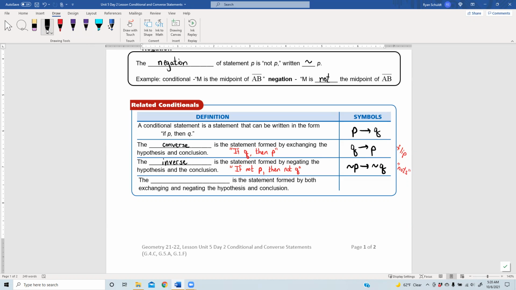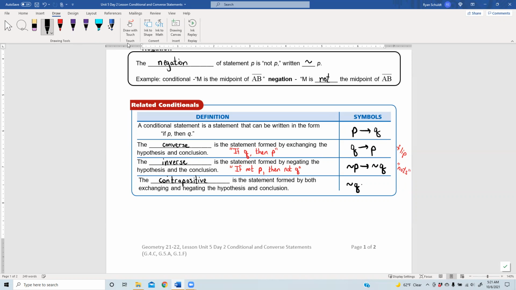And then the last type we're going to talk about is the contrapositive. This is formed by both exchanging, like we did on converse, and negating, like we did on inverse, the hypothesis and the conclusion. So we are flipping these and we're negating.